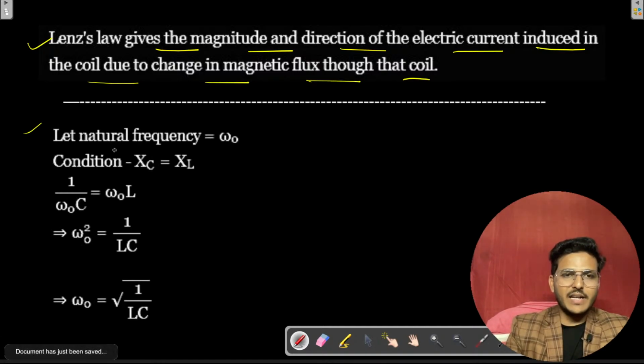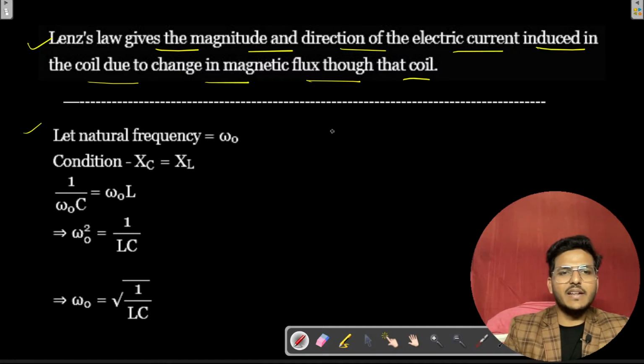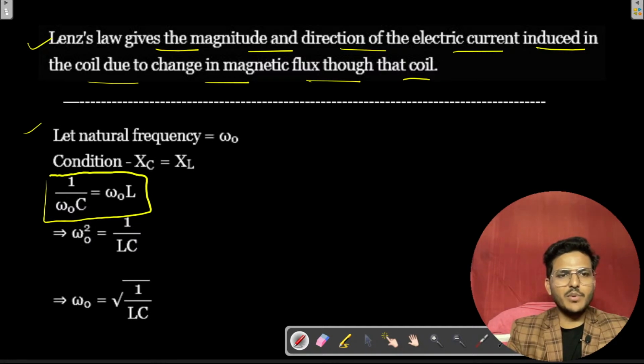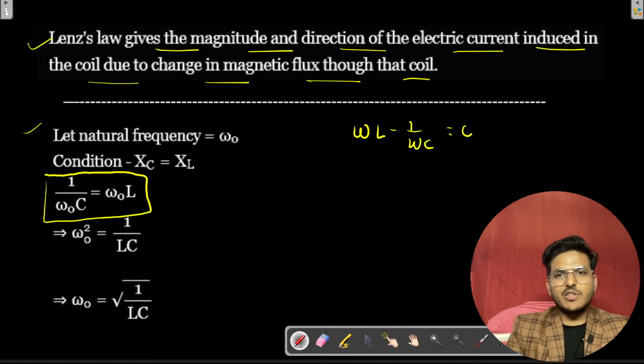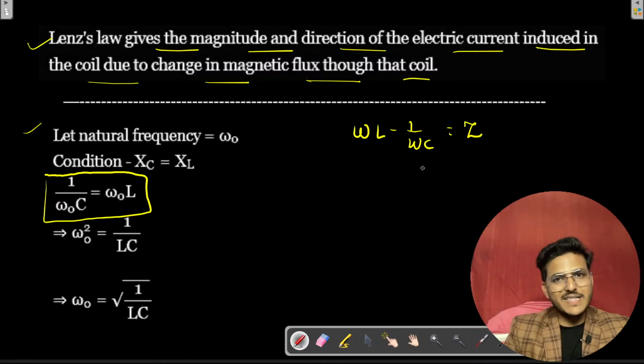Write the expression for the natural frequency of oscillation in an LC circuit. In an LC circuit, Z becomes 0.